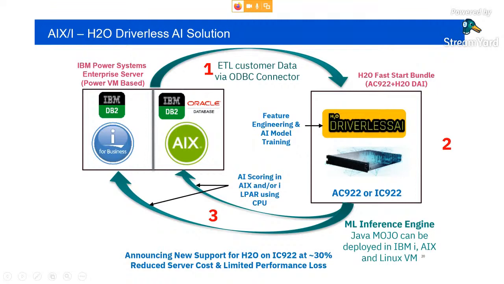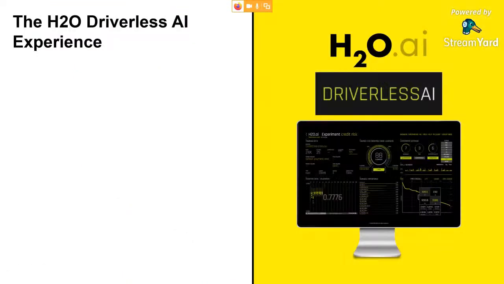The nice thing is we deploy it right to their legacy system. So 1, 2, 3, it's as easy as that. It's less than $100,000 to get started, and it's a great way to leverage your existing IBM Power environment and get into the world of AI at a relatively low cost.